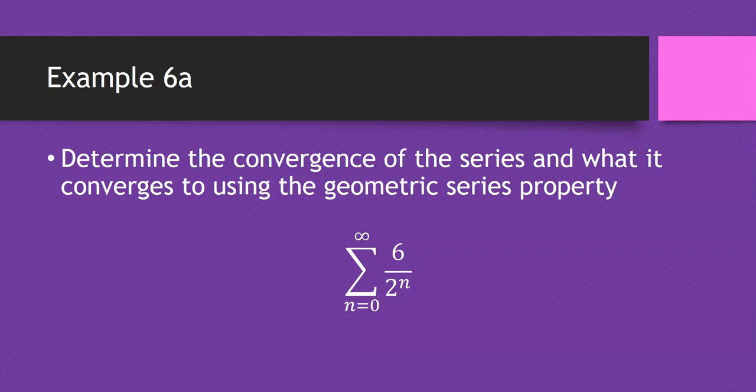Once you do that, I want you to also try example 6b: after you found the infinite series starting at 0, now find the infinite series starting at 2. So find the infinite sum, n equals 0 to infinity, and also the infinite sum, n equals 2 to infinity, of 6 over 2 to the nth power. So go ahead and push pause on the video. In about 5 seconds, I'm going to start back up.